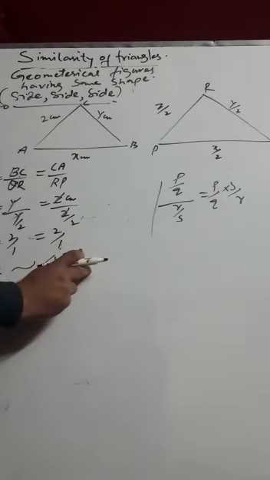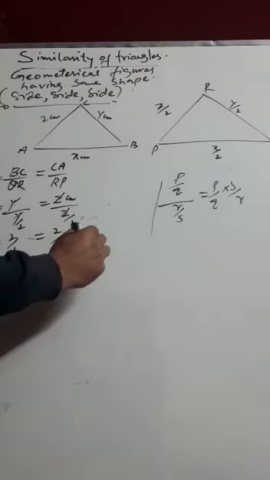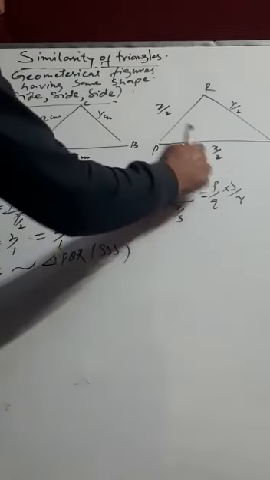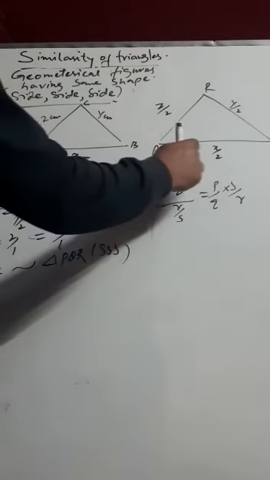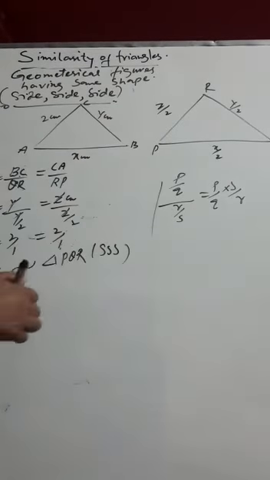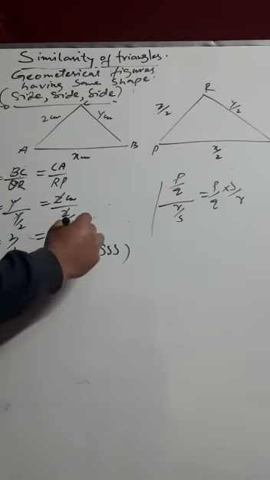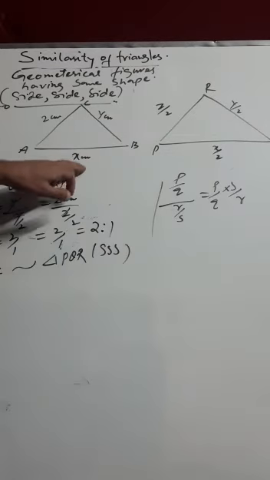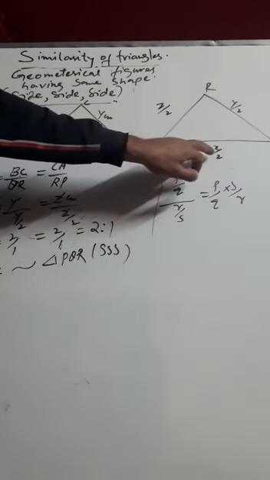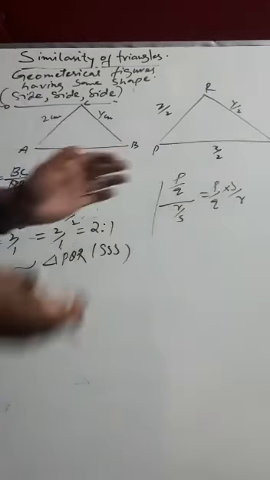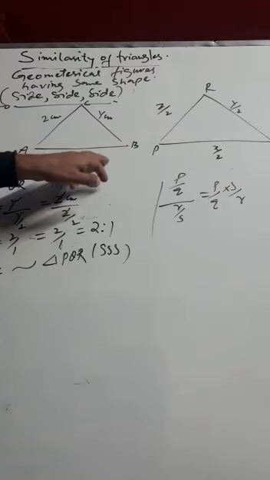Once again, there should be one-to-one correspondence, PQR by SSS. This triangle has ratio 2:1. This triangle is 2 times greater than this triangle, or we can say this line segment PQ is scaled up by a factor of 2.